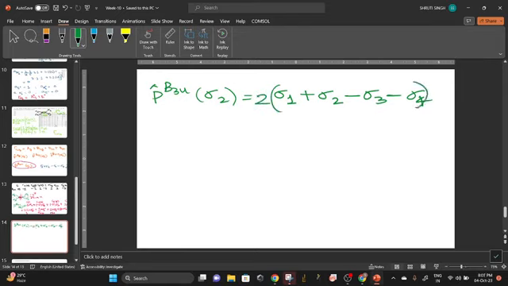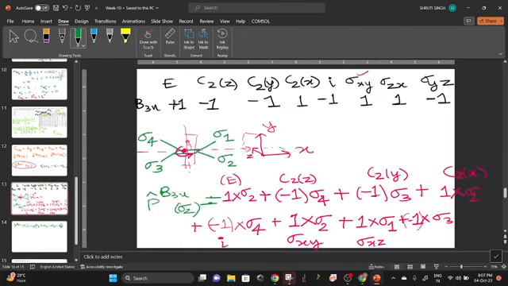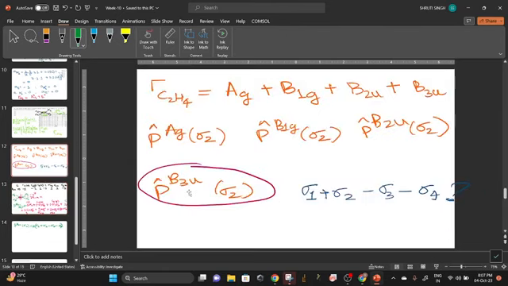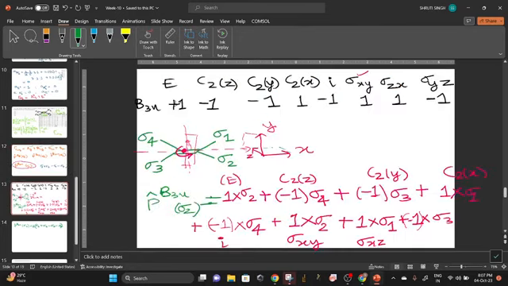So this coefficient does not matter. So the answer to this question, which I told, is B3U because of this. Otherwise you will have to check it with AG, B1G and B2U.